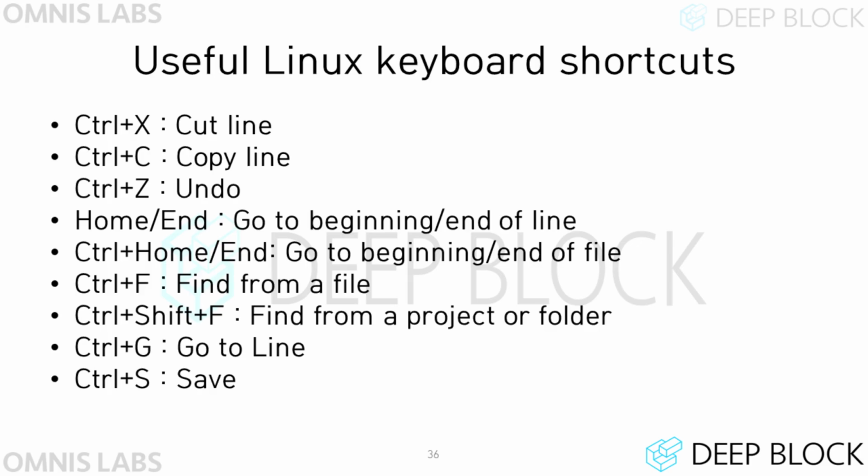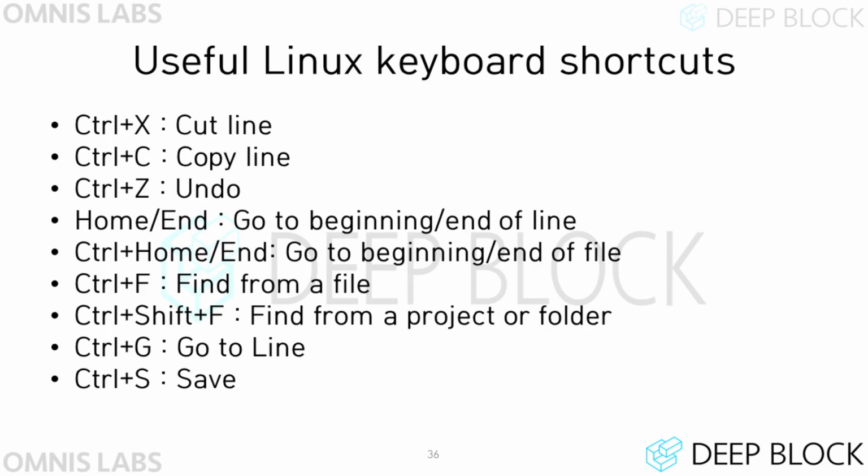These shortcuts work the same on Windows. First, Ctrl-X cuts the selected code region. Ctrl-C is used to copy the selected code area. Ctrl-Z undoes the previous editing action, such as cut, erase, write code, paste code, etc.